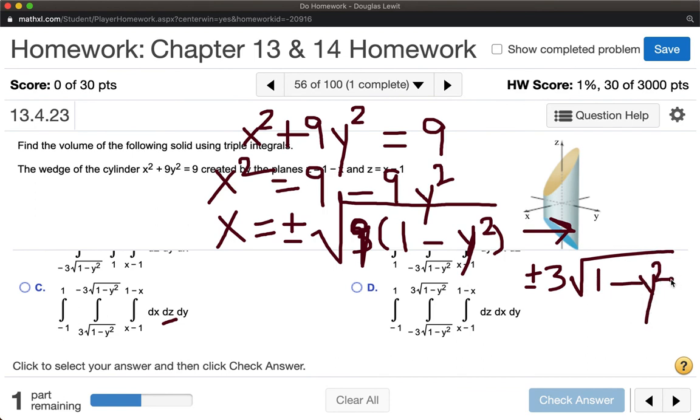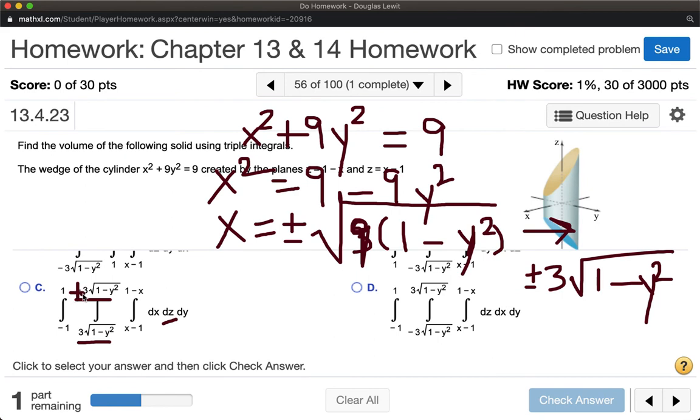Now, the thing is, they have the minus on top and the plus on the bottom, and that doesn't make any sense. The lower limit should be negative 3 times the square root of 1 minus y squared, and the upper limit should be positive 3 times the square root of 1 minus y squared.